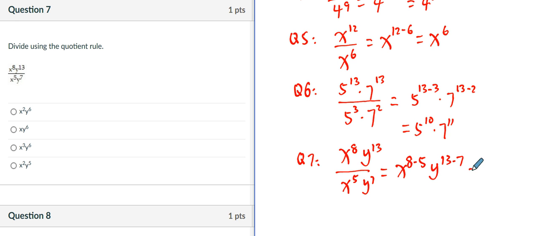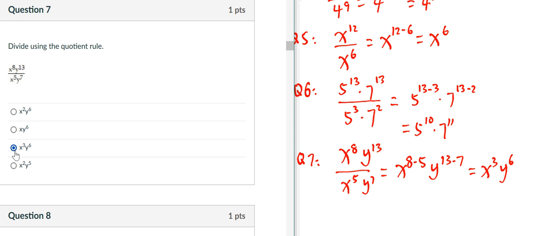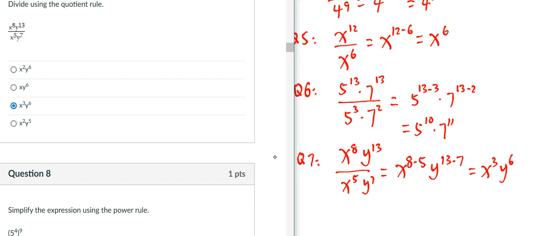And then we know it is x cubed, and then y, 13 minus 7 gives us 6. So x cubed times y to the 6th power. That would be this one. Okay, so keep going.